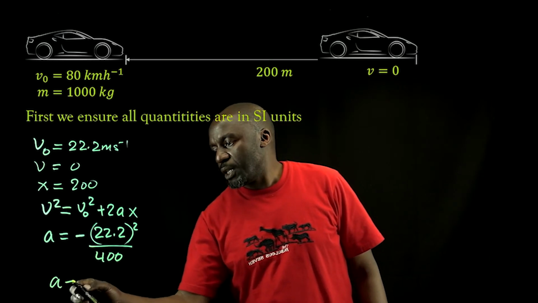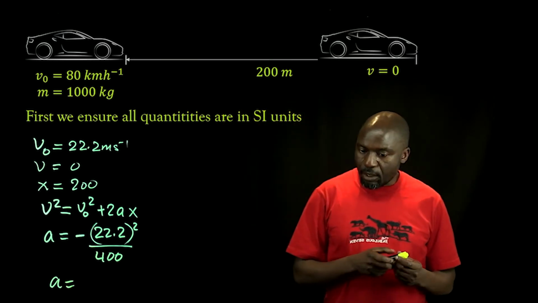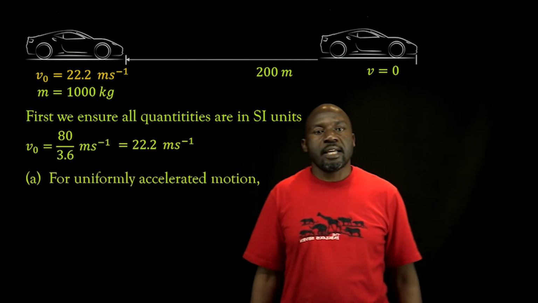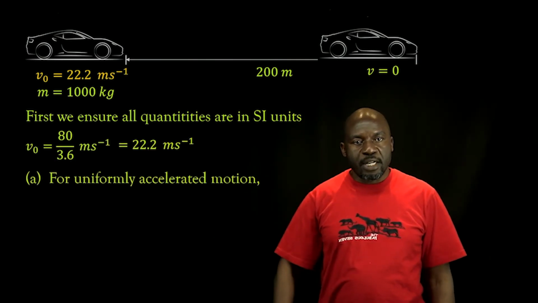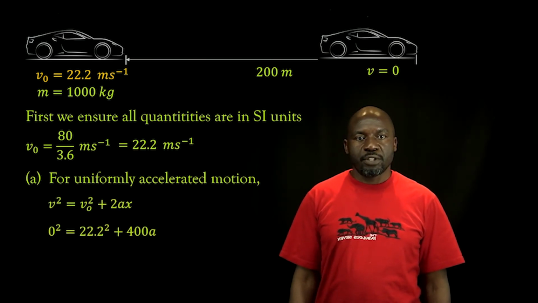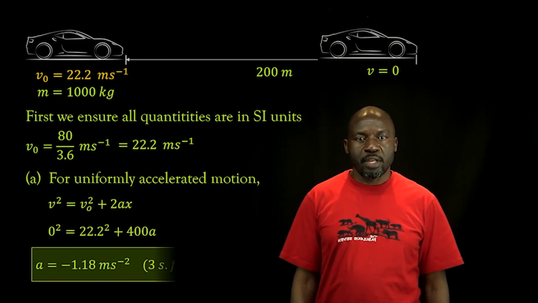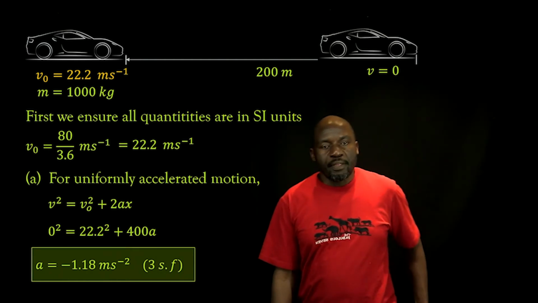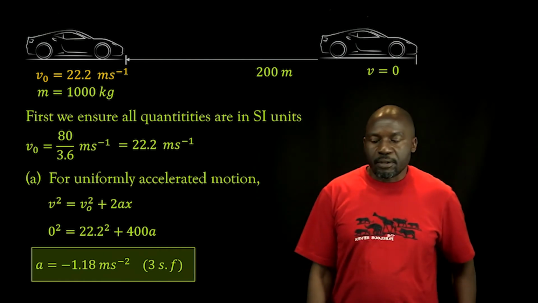Let me check this. Okay, so to find the uniform acceleration of motion, as part A of the question, if we substitute in the values, we end up with a being negative 1.18 meters per second squared, and that answer is to 3 significant figures, okay?